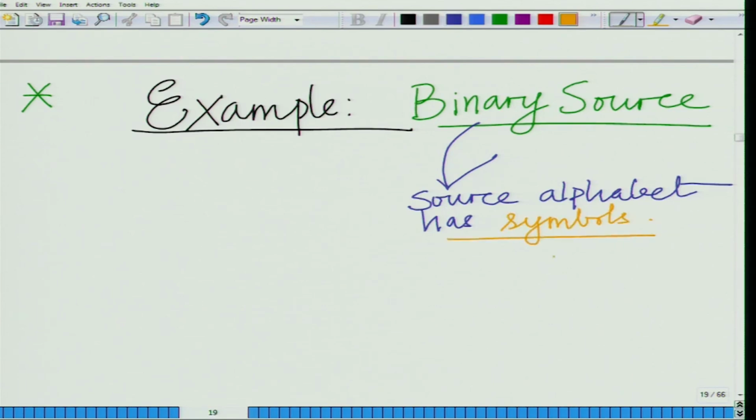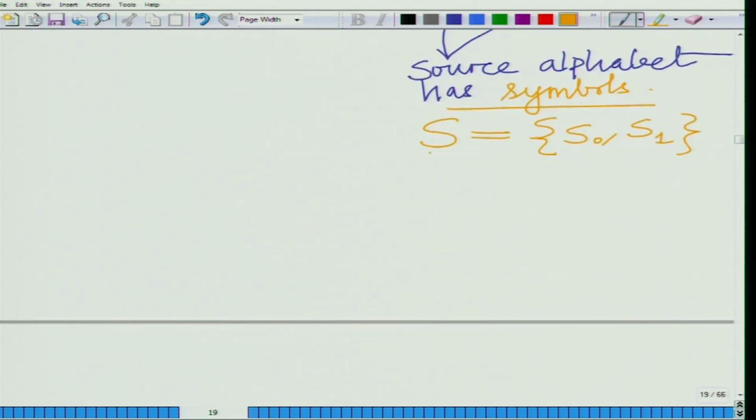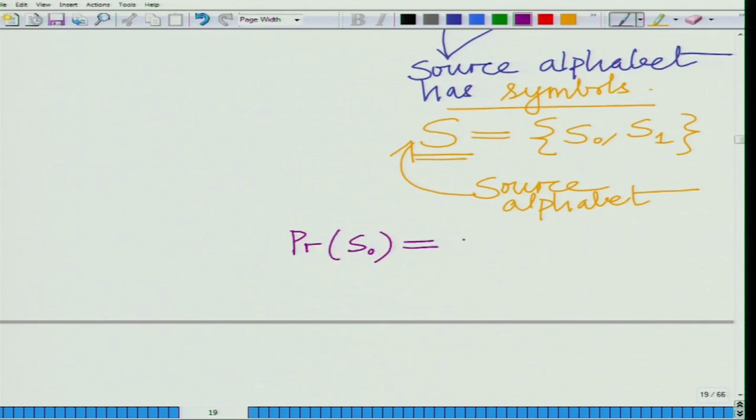Source alphabet has two symbols, so I can say S equals S0 and S1. These are the two symbols of the source, correct? So remember, this is the source alphabet. These are the two symbols which you call the source alphabet. This set is known as the source alphabet. Let probability of the symbol S0 be P, then naturally probability of symbol S1 equals 1 minus P.